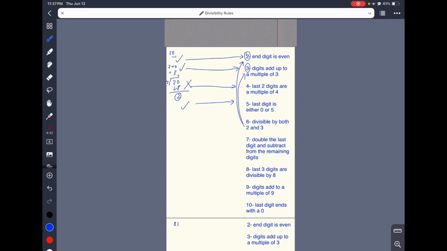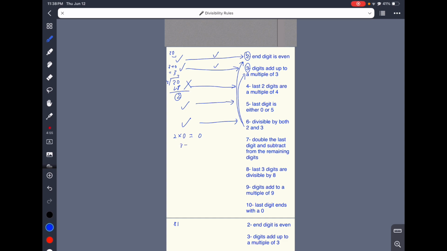And then for number 6, we see that it meets both the criteria for 2 and the criteria for 3, so this means that this number is also divisible by 6. For number 7, we double the last digit, so 2 times 0 equals 0, and then subtract it from the remaining digits, and here the only remaining digit is 3.